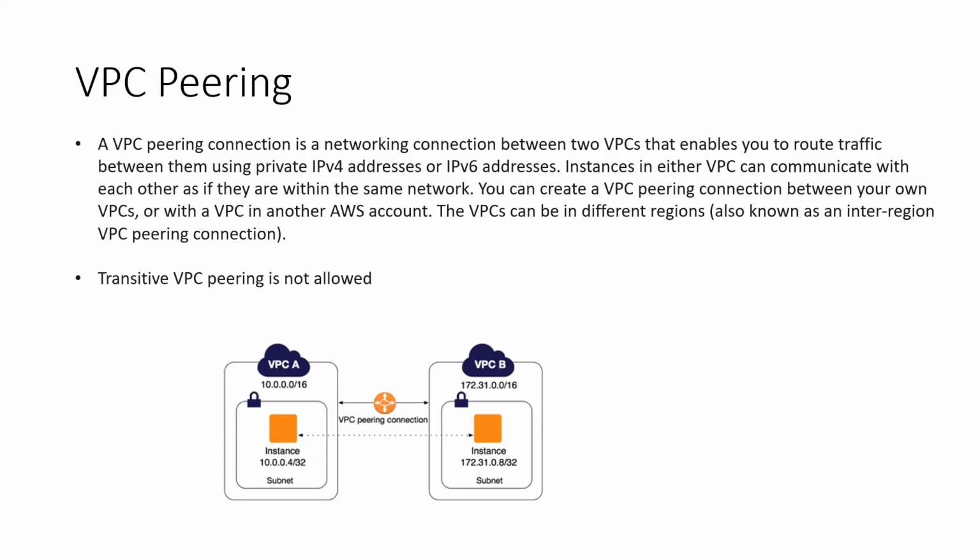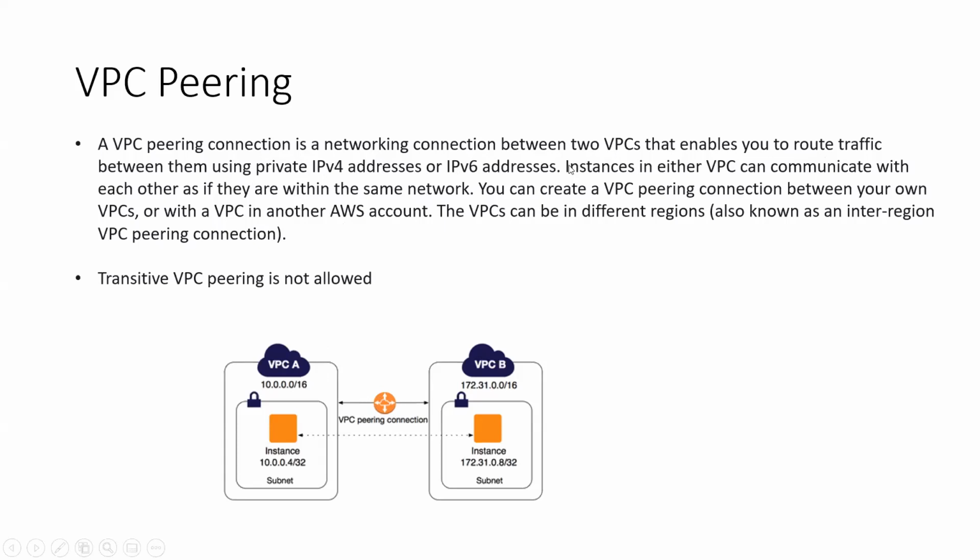Yes, you can do that using a VPC component called VPC peering. A VPC peering connection is a networking connection between two VPCs that enables you to route traffic between them using private IPv4 addresses or IPv6 addresses. Instances in either VPC can communicate with each other as if they are within the same network.